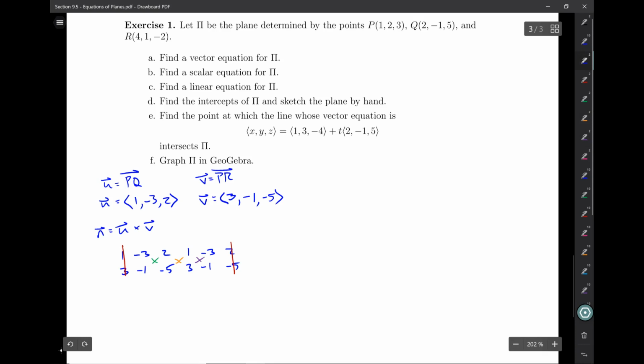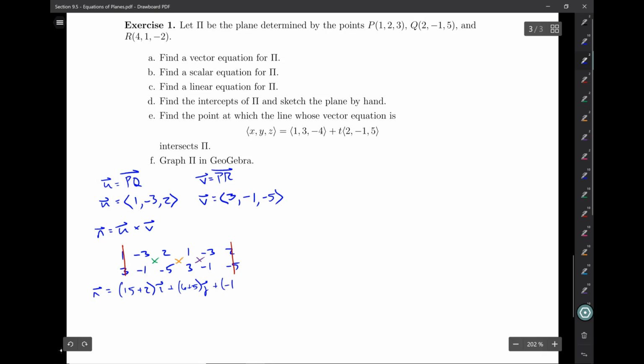And finding these 2 by 2 determinants, we get negative 3 times negative 5 is positive 15. Minus negative 1 times 2, which is going to be plus 2. That's how many i's we have. 2 times 3 is 6. Minus negative 5 times 1 is 6 plus 5. That's how many j's we have. And then 1 times negative 1 is negative 1.